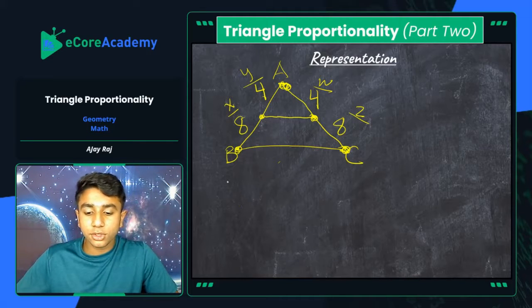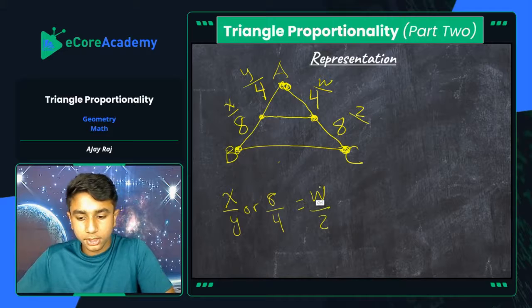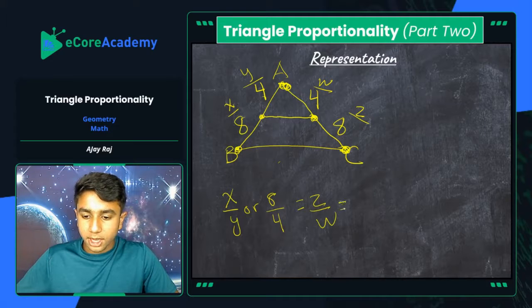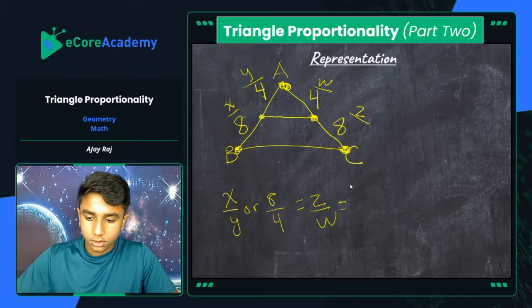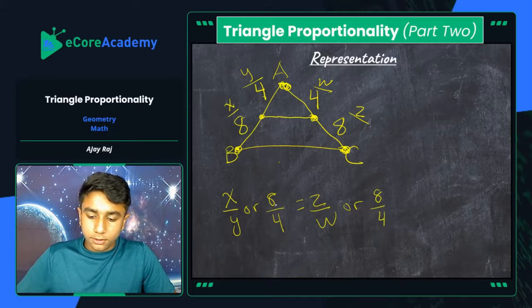What you can prove is that x over y, or 8 over 4, will always be equivalent to z over w, same locations, and that'll be 8 over 4, or 8 over 4.